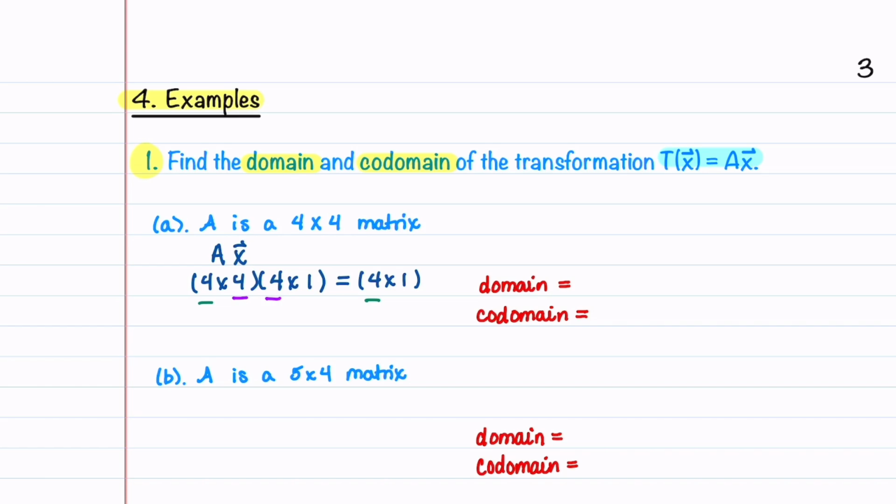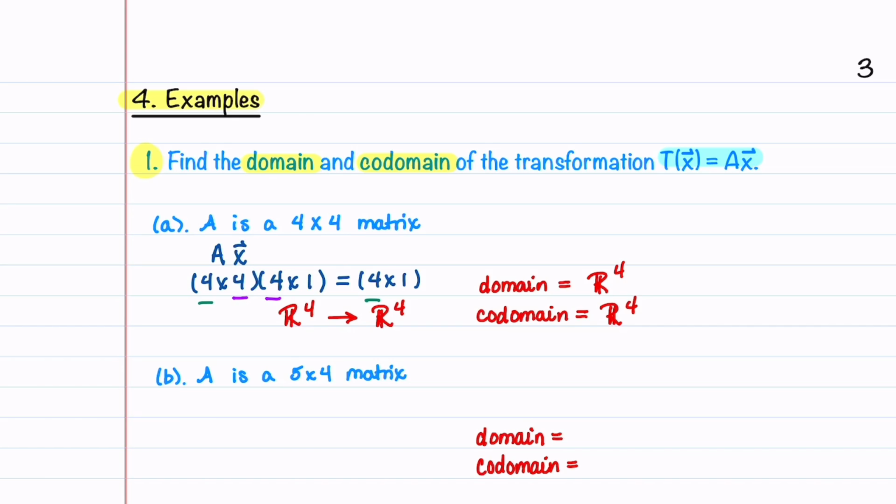Our vector x is in R4, and it maps to our vector T of x, or b, that is also in R4. So we say that the domain is R4, and the codomain is also R4. Whenever we have a square matrix, the domain and codomain will always be the same size. Let's now look at part B.